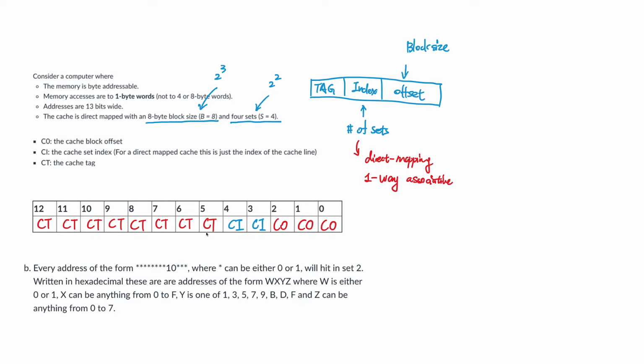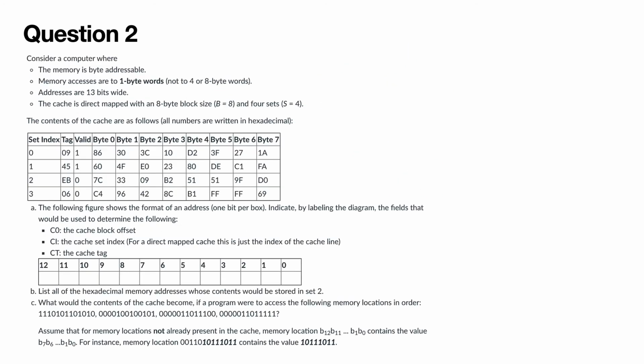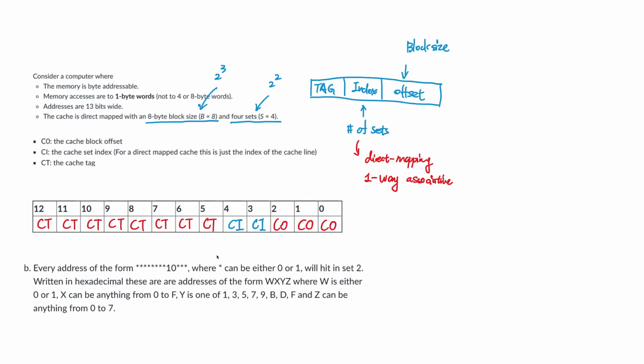So back to question 2. Question 2 was asking to list all the hexadecimal memory addresses whose contents would be stored in set 2. The most important are the 2 digits for the set number.